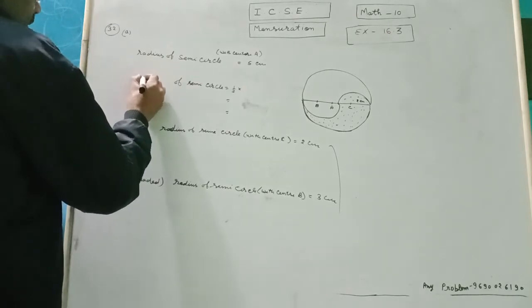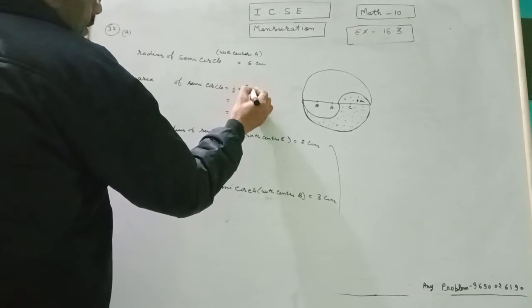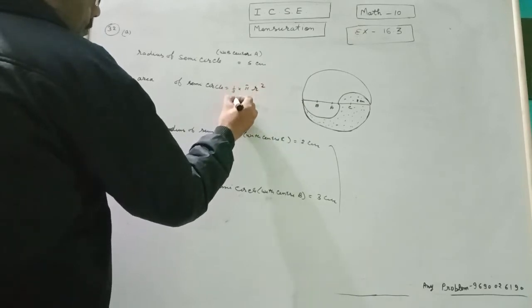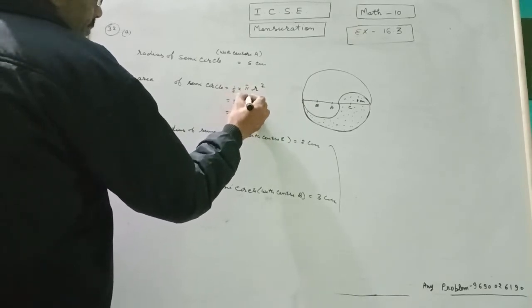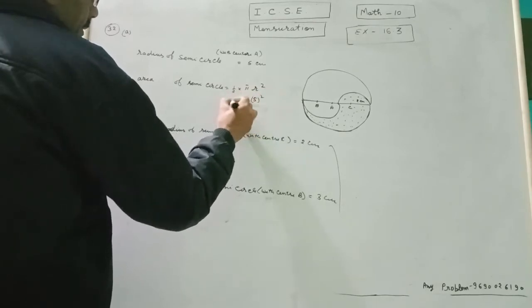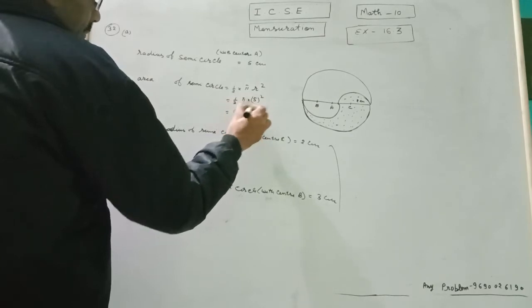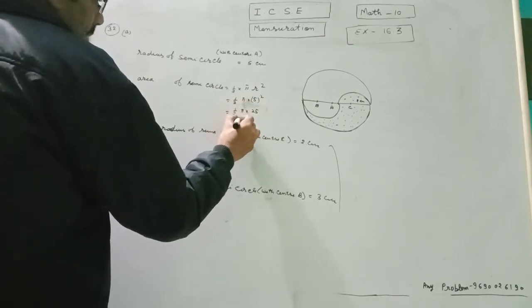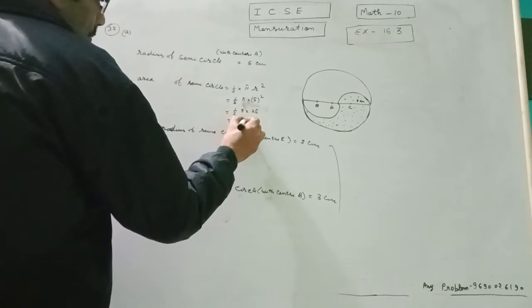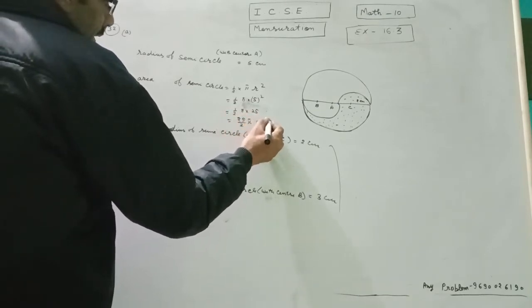Area of semicircle is 1 by 2 pi r square, 1 by 2 pi, r value is 5. 1 by 2 pi into 25. After multiplying, 25 upon 2 pi cm square.